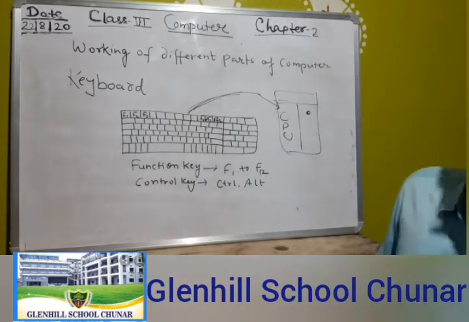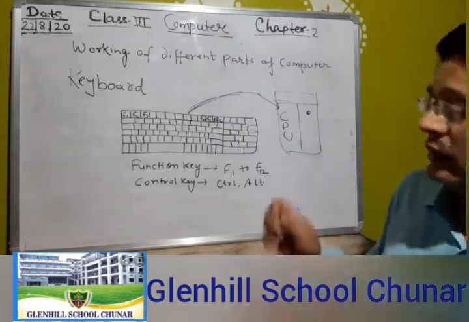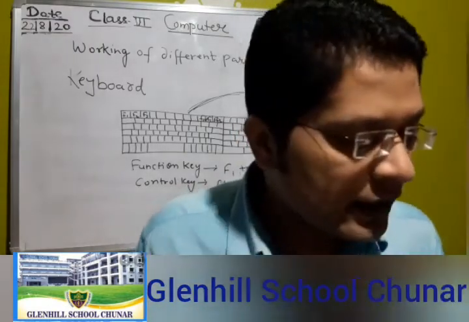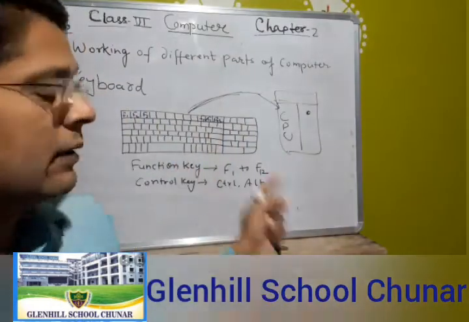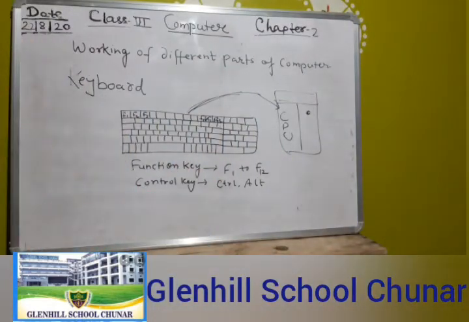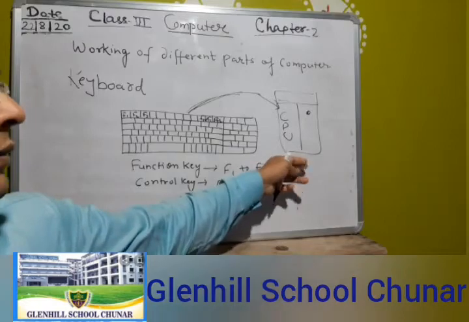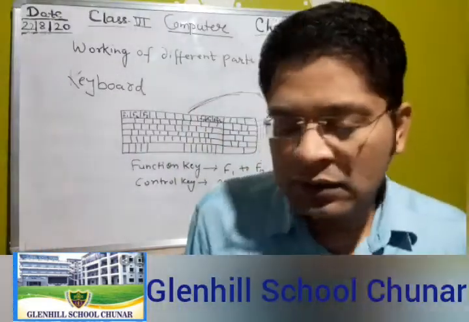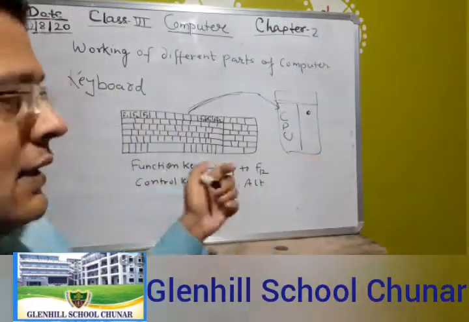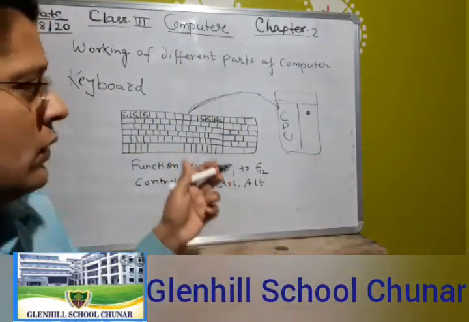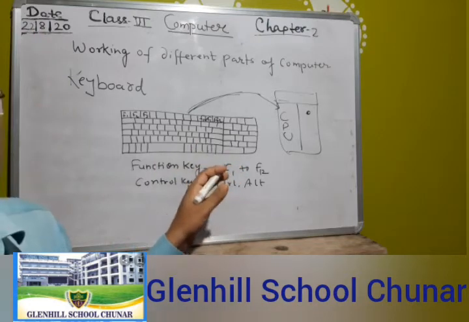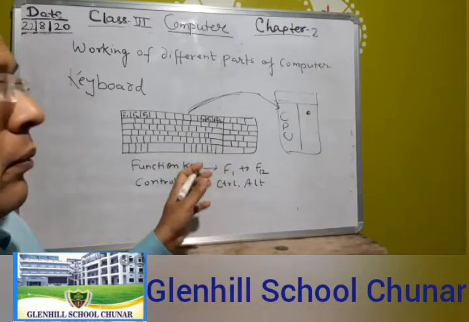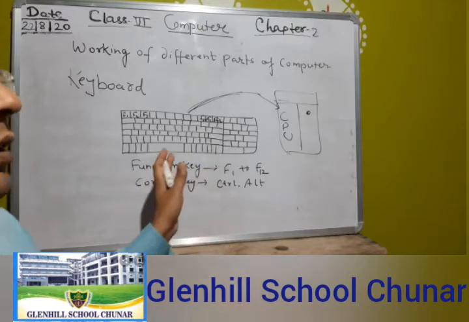When a key is pressed, there is an increase or decrease in the current relative to the key. The microprocessor fixed inside the CPU reads the fluctuation in the current constantly and accordingly produces a unique number called the scan code.